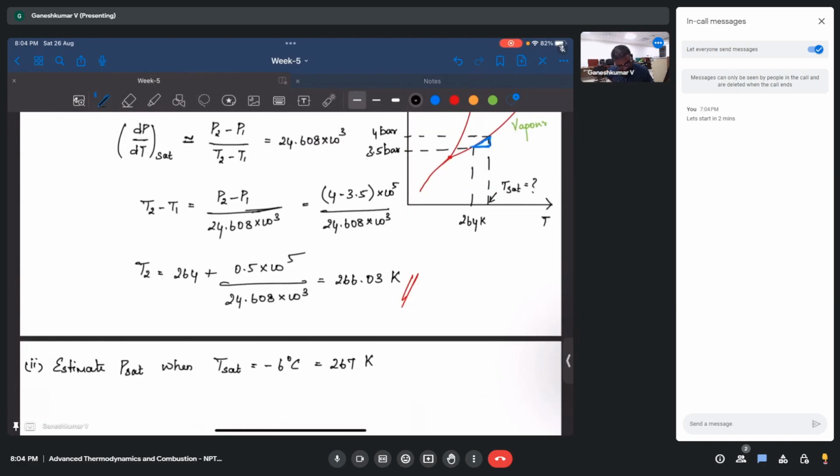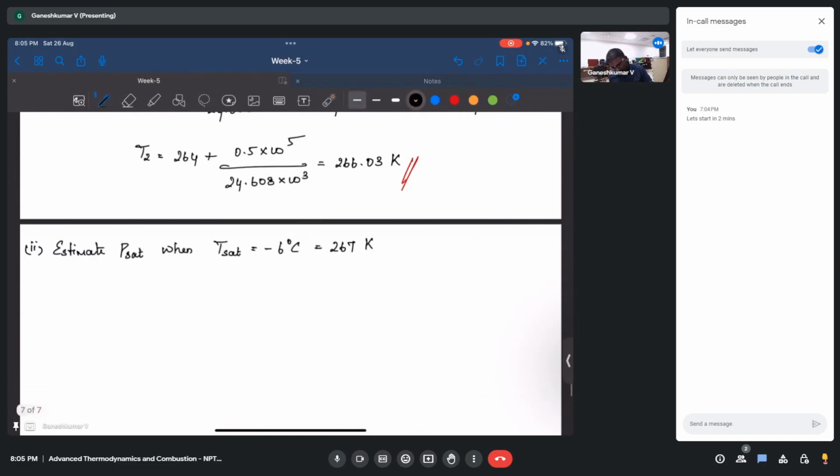Since again it is in the neighborhood of 264, we can use this approximation of constant slope between these ranges, and hence we can write dP/dT sat equal to (P2 minus P1) by (T2 minus T1), which is equal to 24.608, which we already found, into 10 power 3.